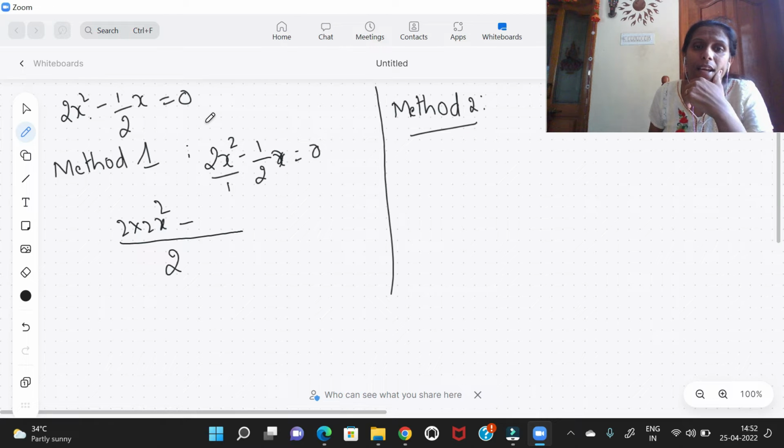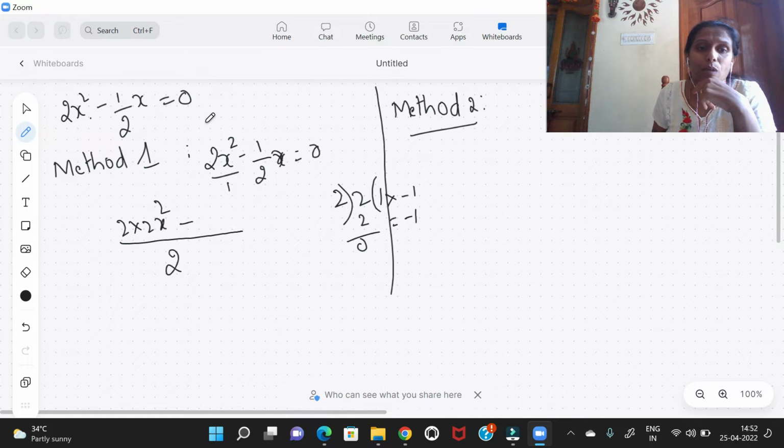Minus, next again taking the LCM, which is 2, dividing it by the second denominator, which is 1, into minus 1, which is equal to minus 1. So it becomes minus 1, and of course x is there, so you need to keep that also in mind. So it means minus 1 into x, which is minus 1x, is equal to 0.